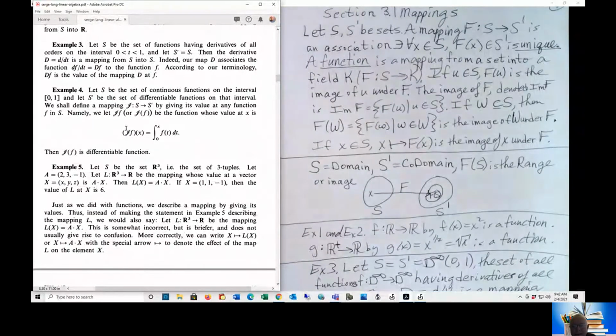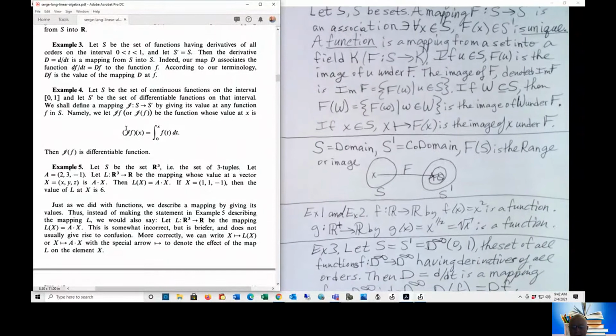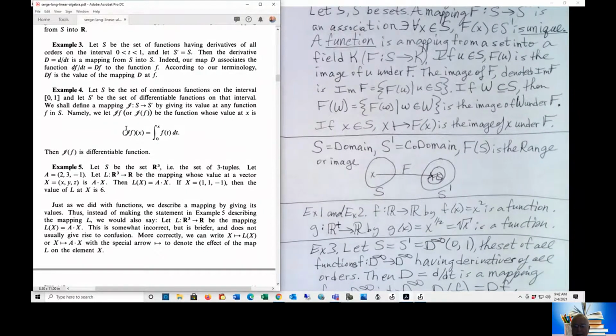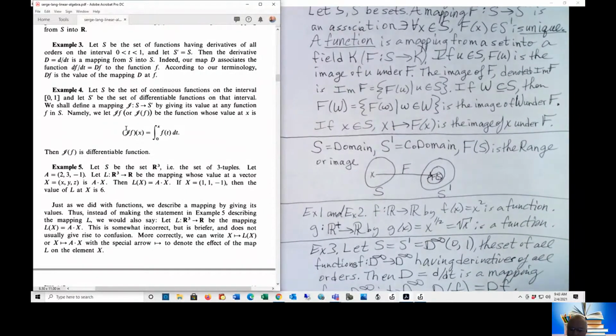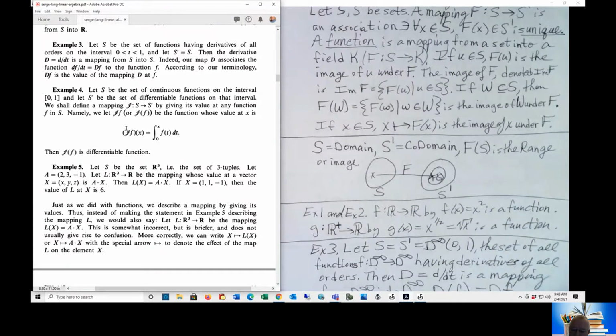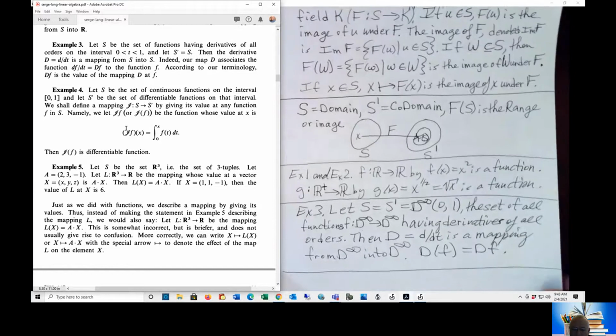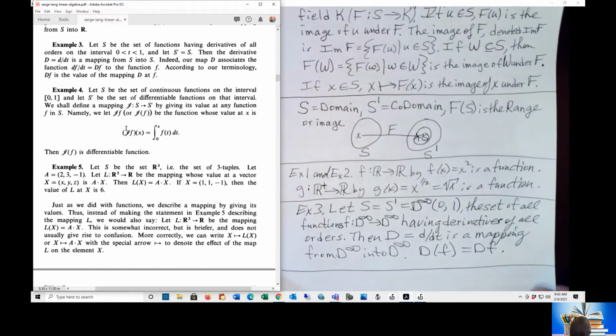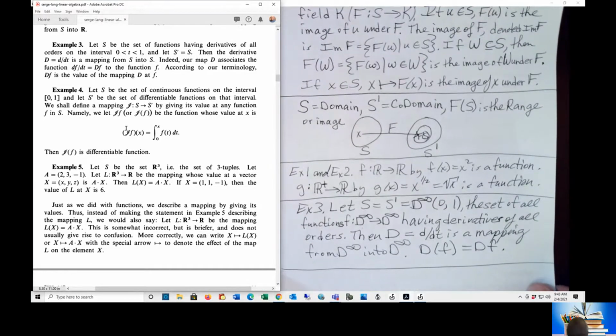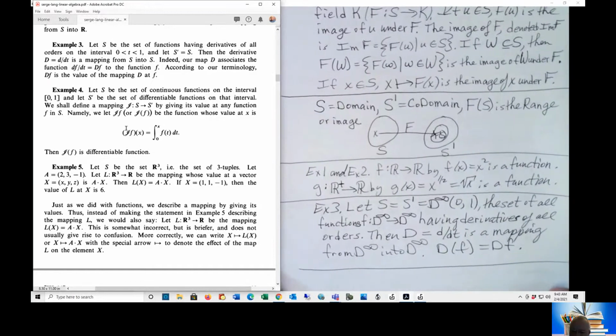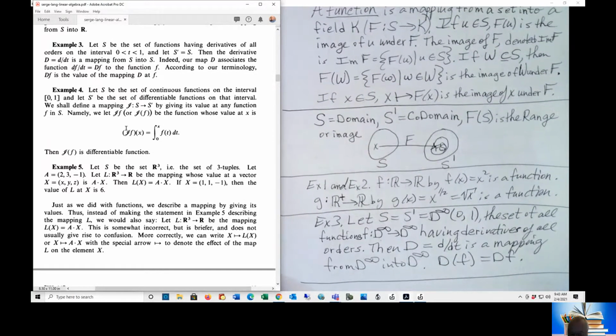Example 3. Here S and S prime are the same set, and it denotes D infinity of the open interval 0, 1. It's the set of all functions that have derivatives of all orders, so all functions that are differentiable on the open interval 0, 1 of all orders.